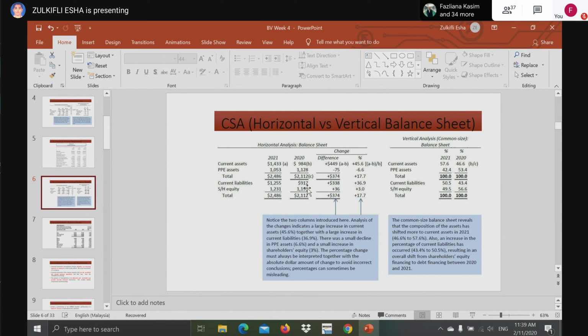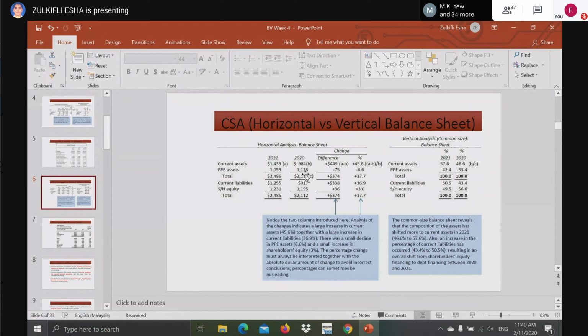The amount of current liabilities divided by the total amount of liabilities, times 100, you will get 43.4%, and then your equity and long-term liability 1195 divided by 2112, then you will get 56.4%.